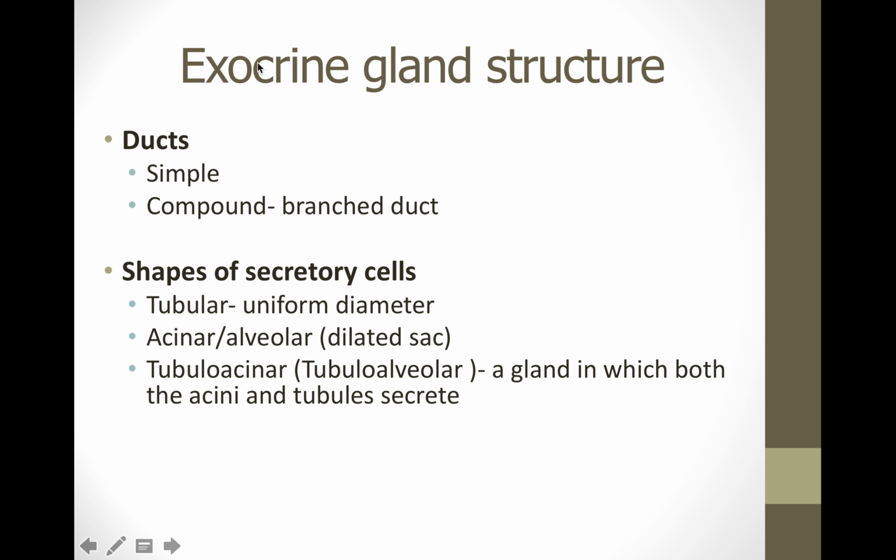Anytime you hear the word exo, it implies outside. So exocrine glands are typically glands that carry ducts that open up to either inside the cavity or on the surface of the body, versus endocrine glands.